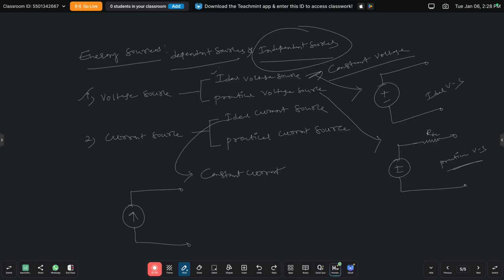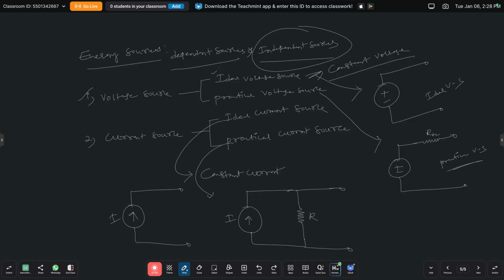And the practical current source has a small internal resistance connected in parallel with the current source. So these are the terminals, this is the resistor symbol, and here is the current source. This is the symbol of the ideal current source, and this is the symbol of the practical current source.